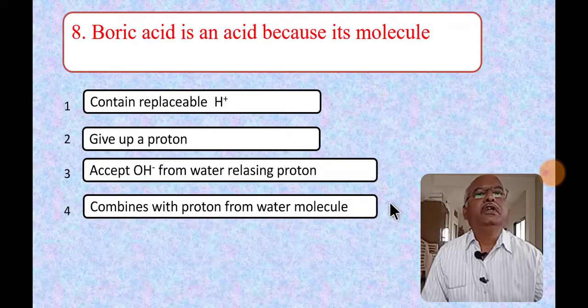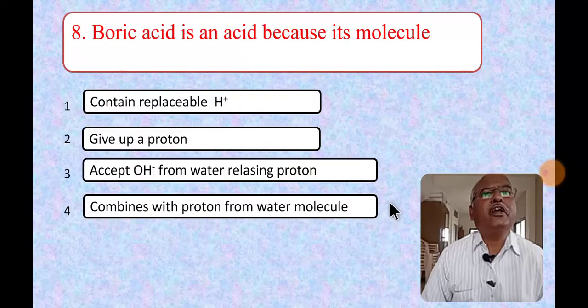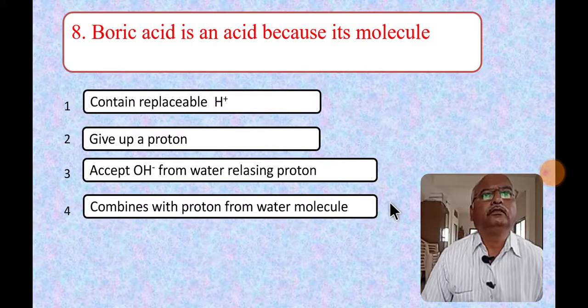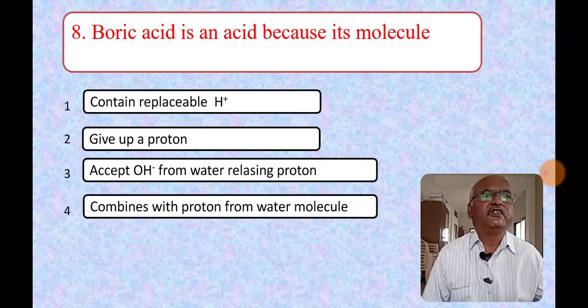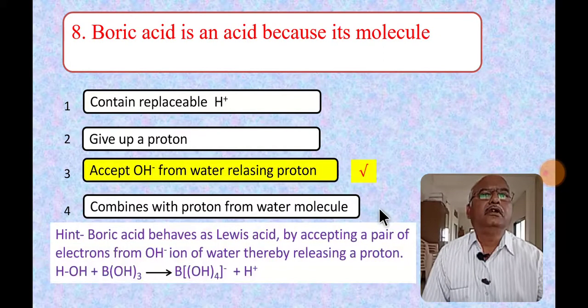Eighth question, boric acid is an acid because its molecule. Read all the options carefully. Select the correct option. The answer is third option. Accept OH- ion from water, releasing proton.